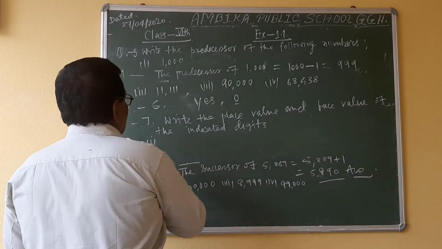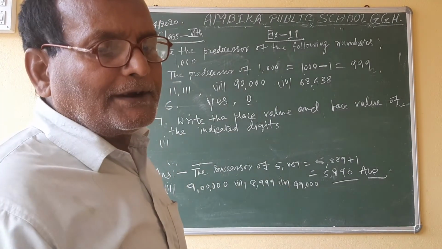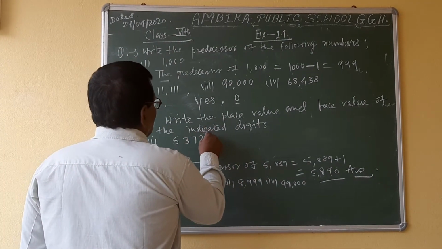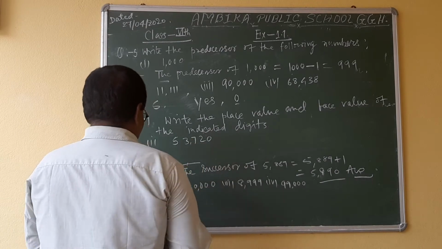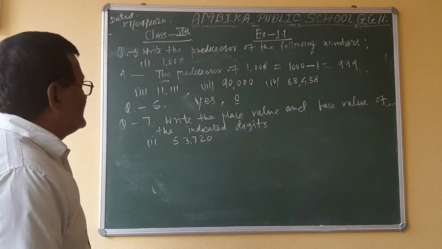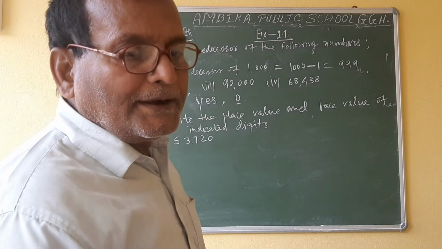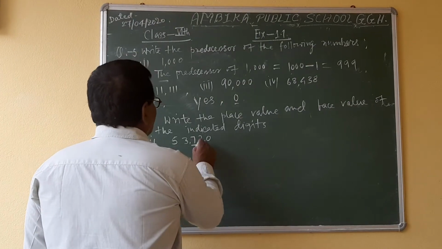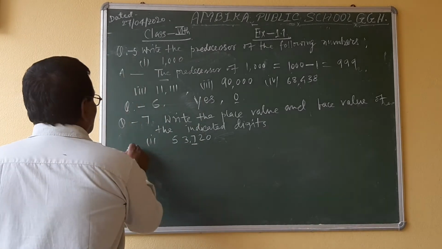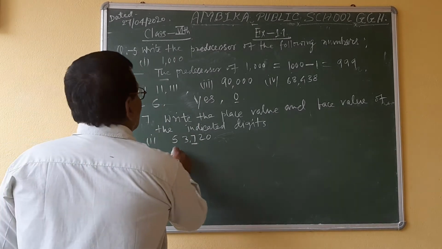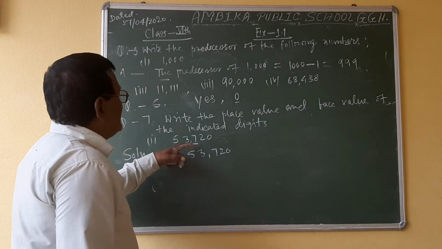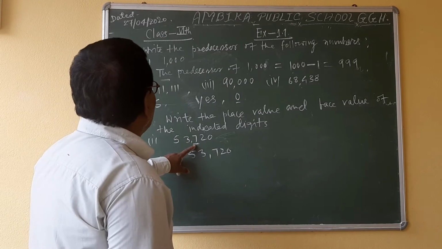Question number 1 is 53720. You have to find the place value and face value of the underlined digit 7.